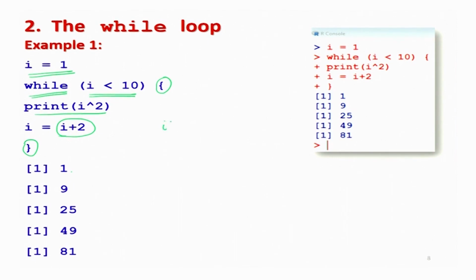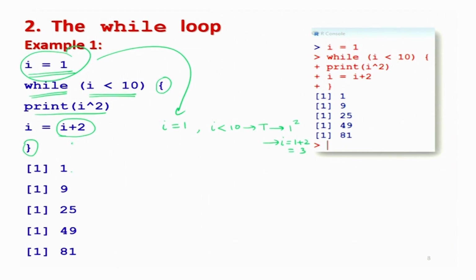The first value of I which is going to be considered here is I equal to 1, which is given here, as you can see. After this, it takes the condition that I is less than 10, the answer comes out to be true, and when it is true, it will print the value of I, which is 1 square, and then it will choose I equal to 1 plus 2, which is equal to 3.